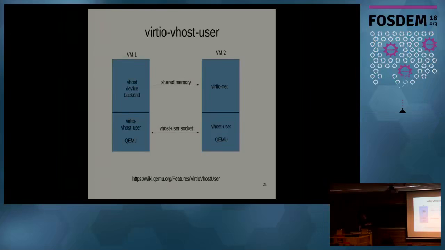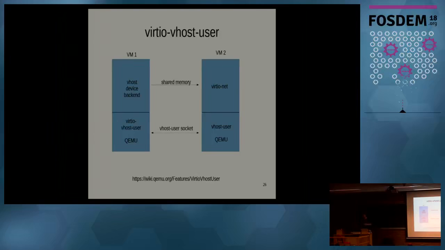So yeah, the following diagram will show this. In this diagram, VM2 sees a regular Virtio net device. VM2's QEMU uses the existing vhost user feature, as if it were talking to a host user space vhost user backend.